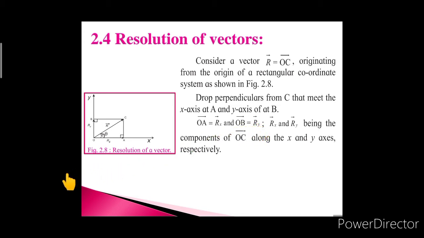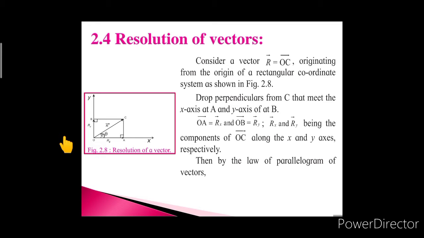So we can say that vector Rx and vector Ry are the components of the vector OC along the x and y axes respectively. Next, we complete the parallelogram of vectors. When we complete it, we obtain the parallelogram OBCA.